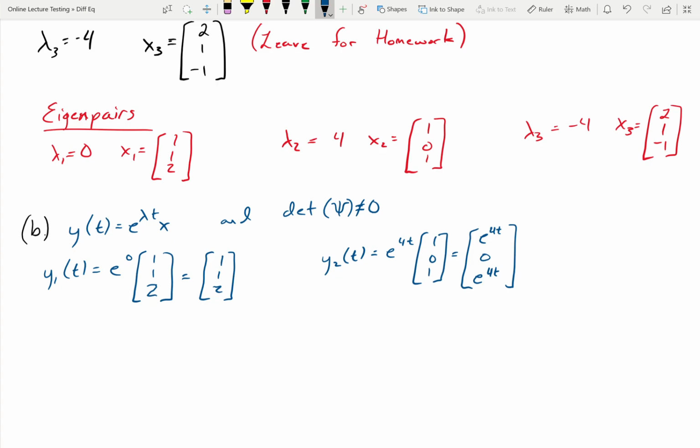And our last one, y3 of t is equal to e to the negative 4t times 2, 1, negative 1, which gives us the vector function 2e to the negative 4t, e to the negative 4t, and then negative e to the negative 4t.